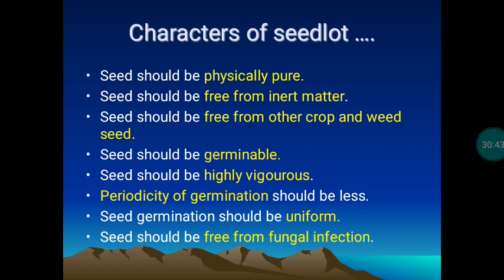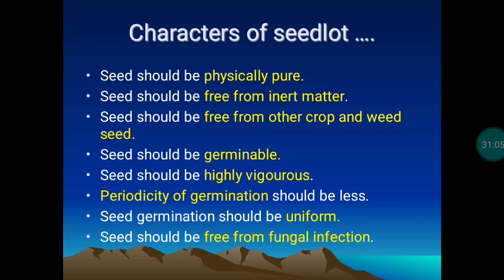The second aspect is grading. Through the grading process, with the help of many instruments, you can make your seed lot more homogeneous by segregating your seeds based on one physical property at a time. First, you can separate your seeds based on weight. For that purpose, we have a specific gravity separator.